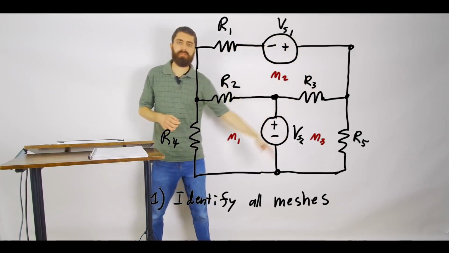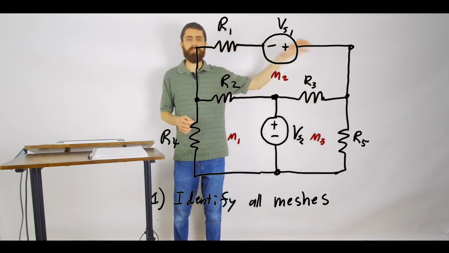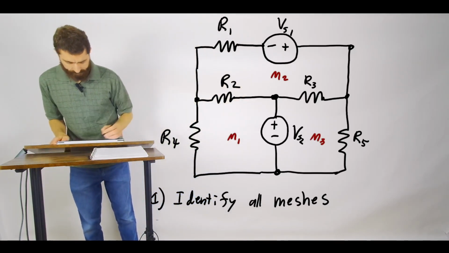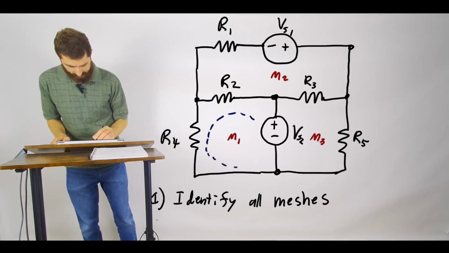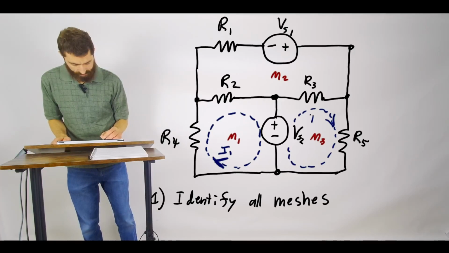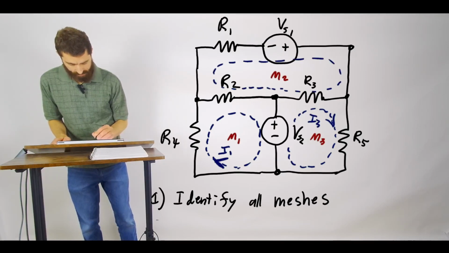So a current that goes around this window, a current that goes around this window, and a current that goes around this window. So for example, we could say the current here is our mesh current I1. This here can be our mesh current I3. And all around this loop here can be our mesh current I2.